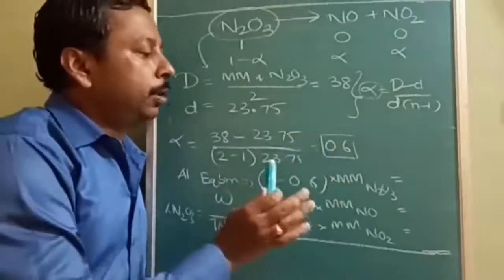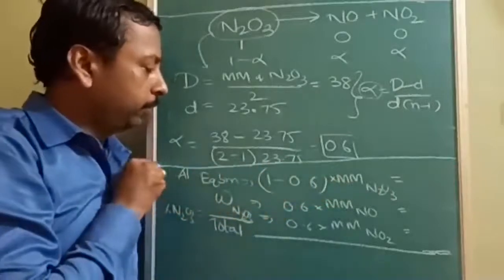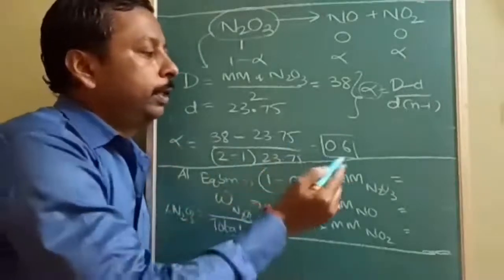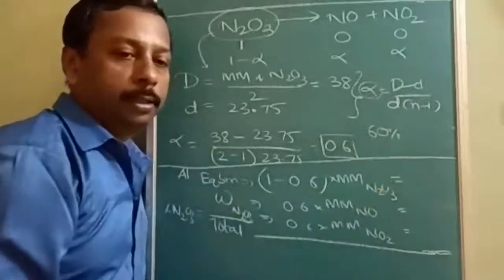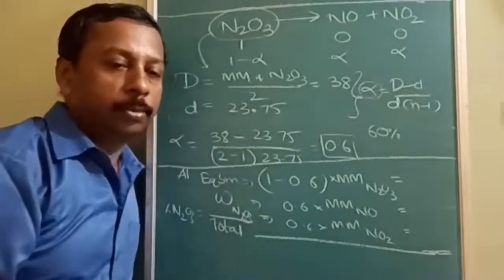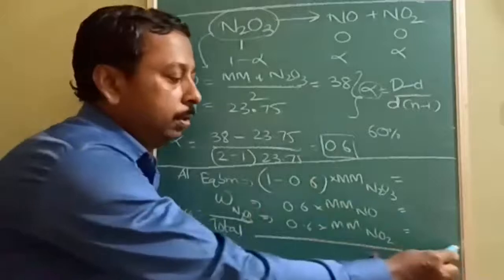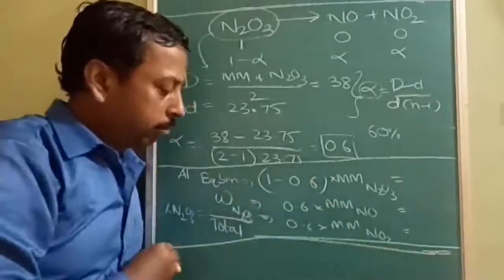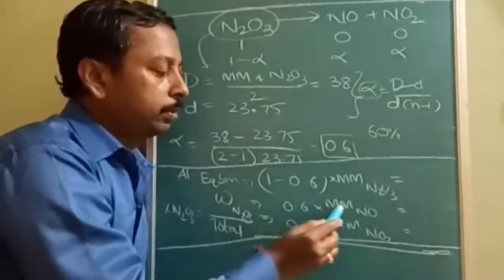By substituting here, I am getting 0.6. Normally the question will stop here, but to make the question very tough, if they ask for the degree of dissociation, you can write it as 60%. But this 60% is in moles, and the question is about mass. So moles are to be converted into mass: moles into molecular mass gives mass.